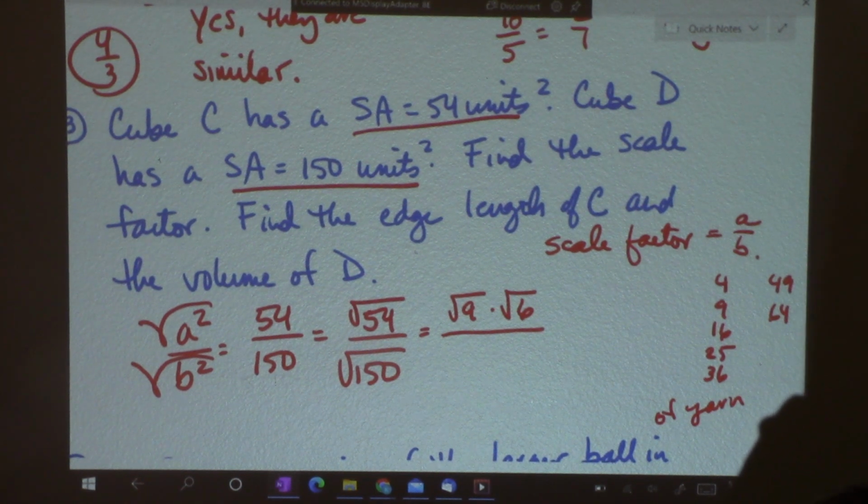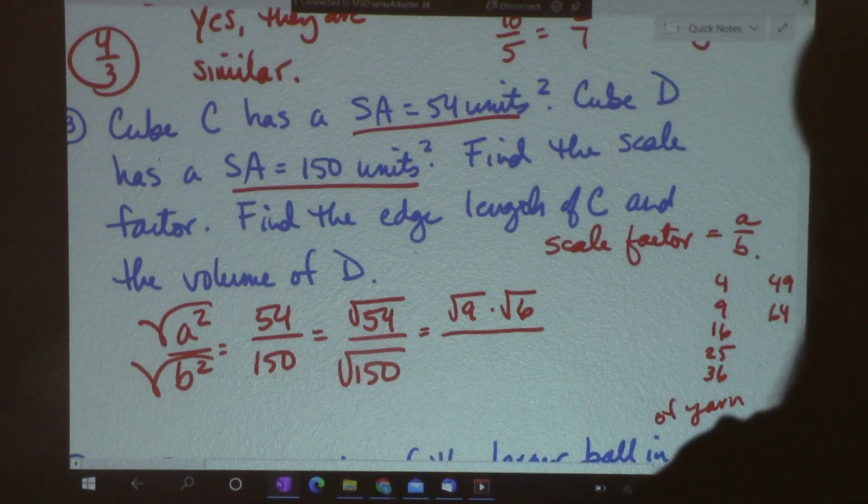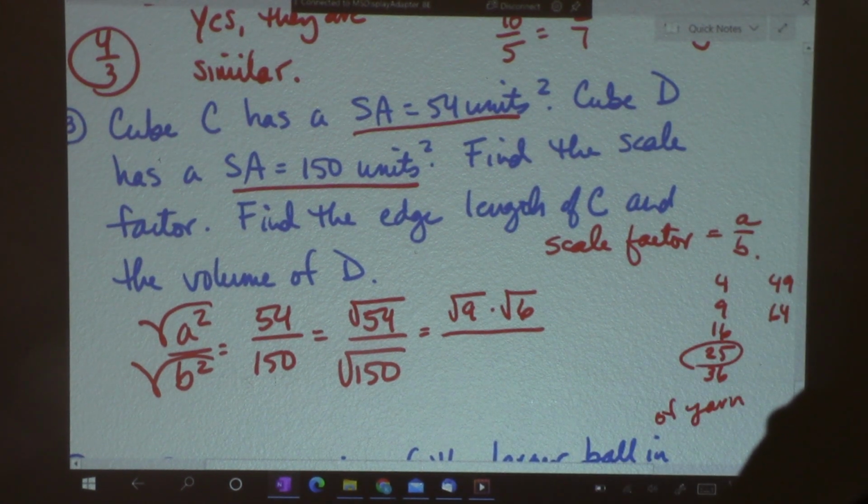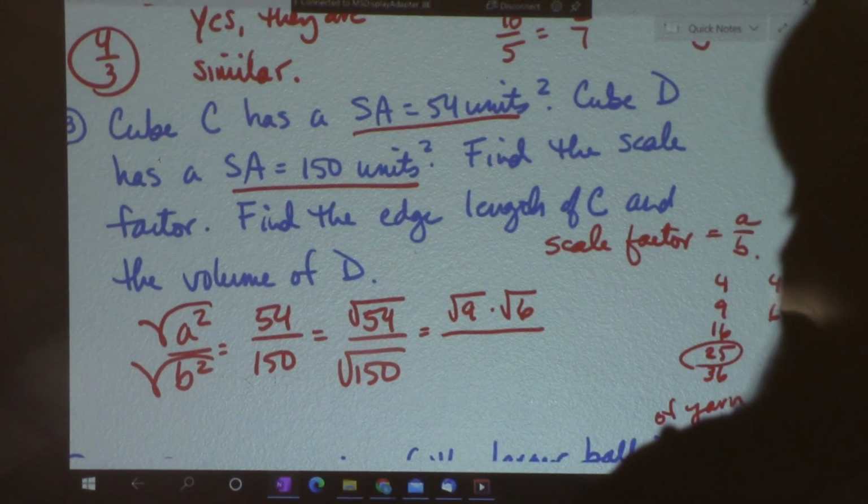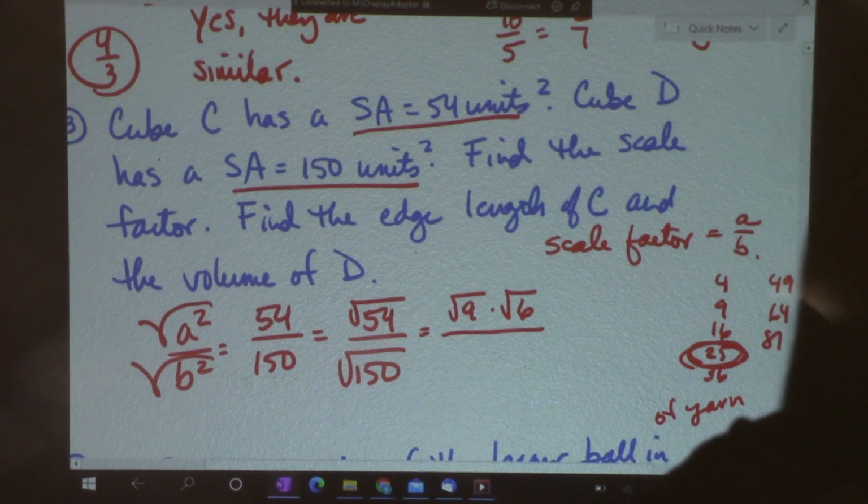Nope. How about 16? No. How about 25? I think that does. Yep, 25 goes in. How about 36? Yes. How about 49? No. And how about 64? Nope. And what's after that? 81? 81 doesn't go in, and neither does 100. So the largest perfect square that goes into 150 is 25.